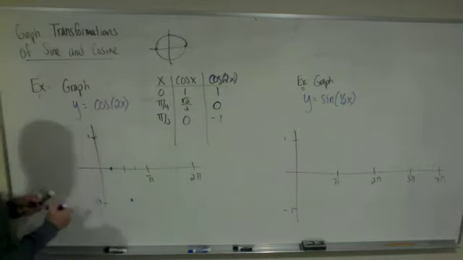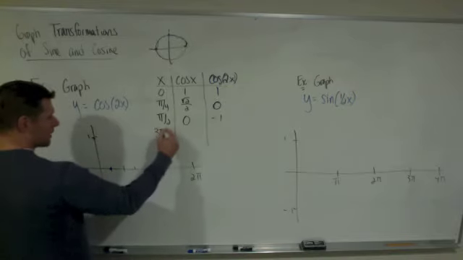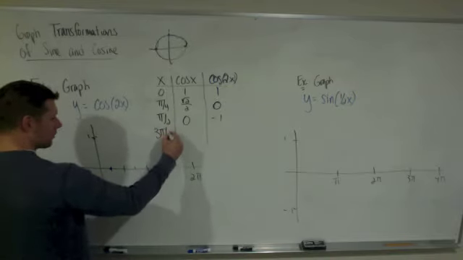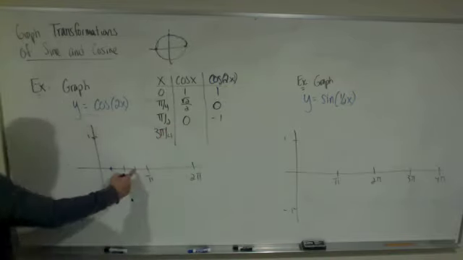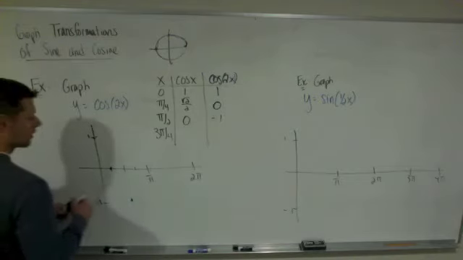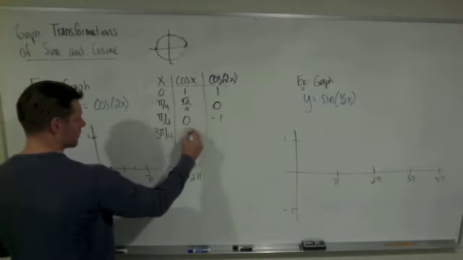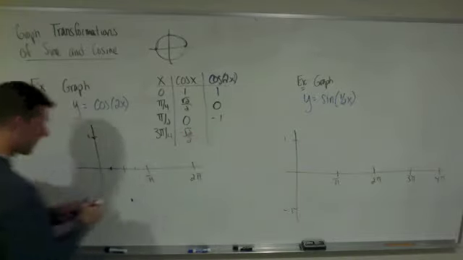I think you probably can see what's happening here. If I put in 3 pi over 4, normally cosine of 3 pi over 4 is negative root 2 over 2.